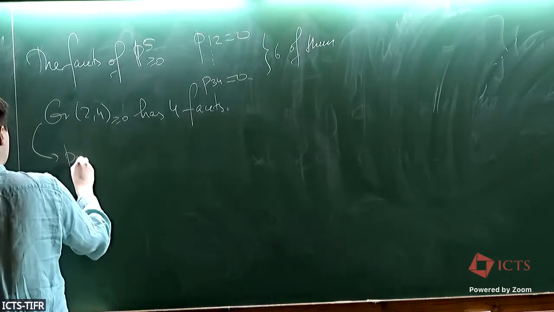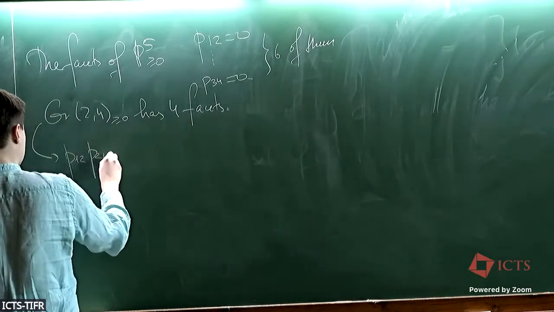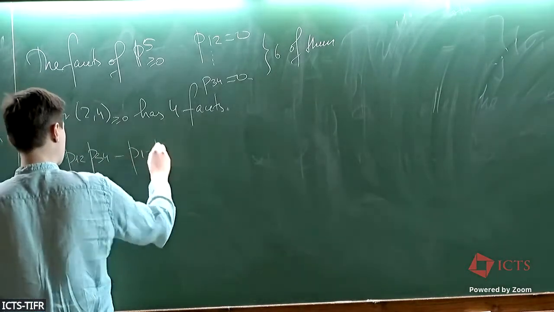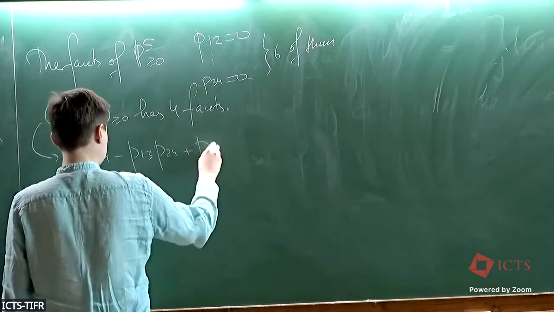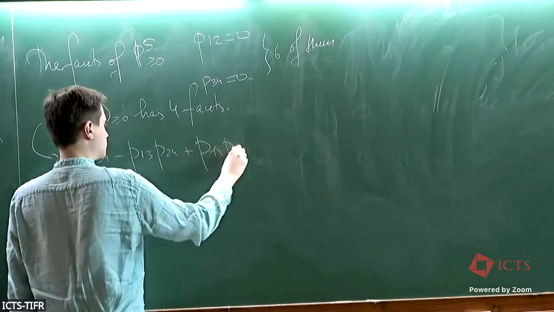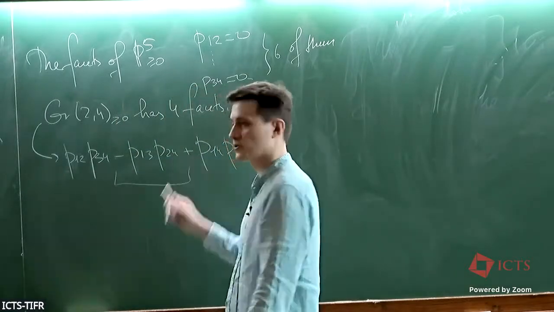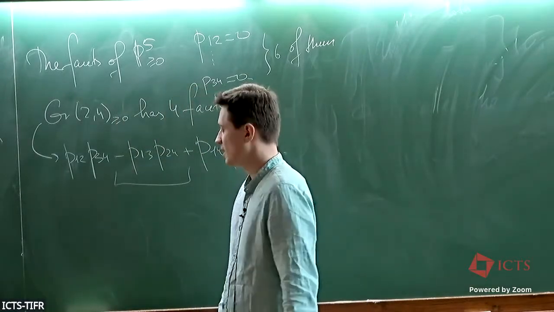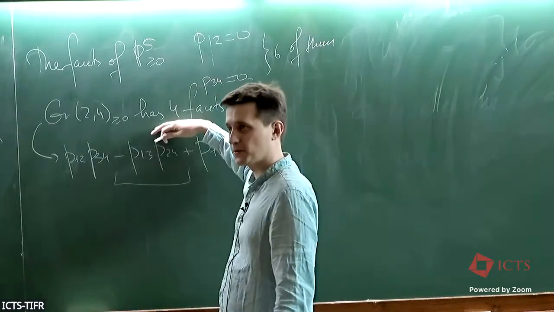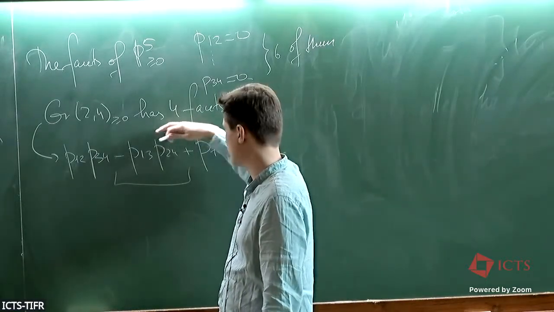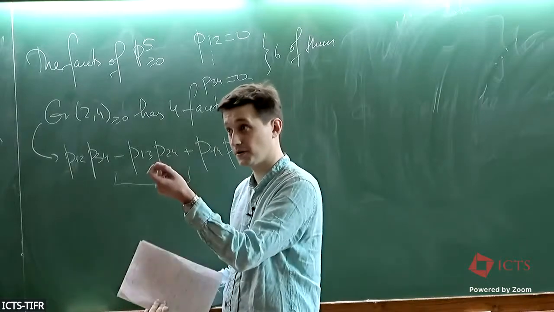Well, let's take a look at the Plücker relation again, and let's look at this middle term, which appears with a minus. What does it mean to be a facet of the Grassmannian? We want our facets to be cut out by a single equation on the Grassmannian.